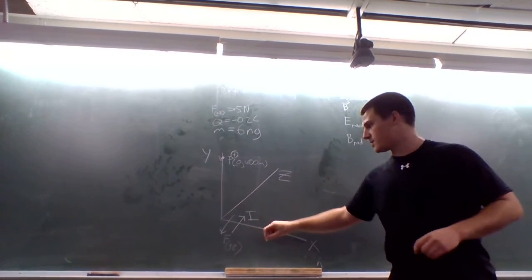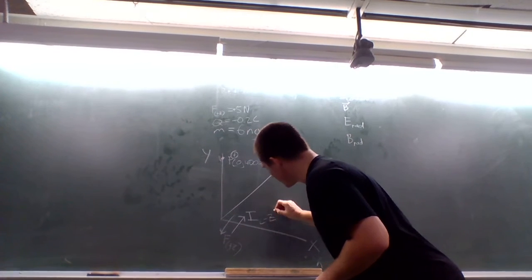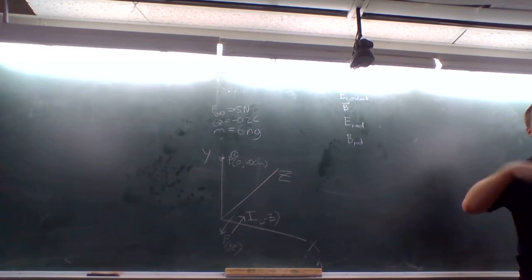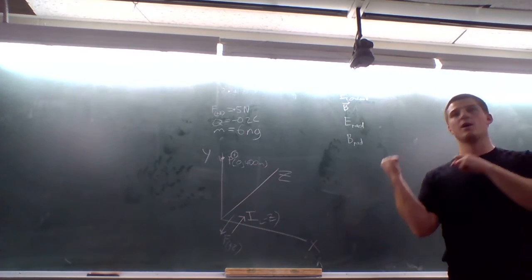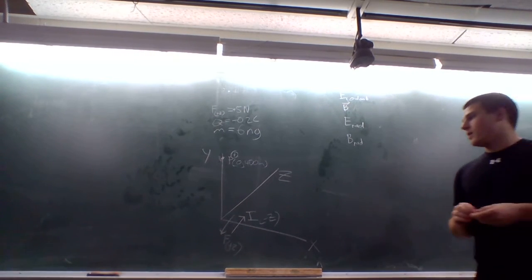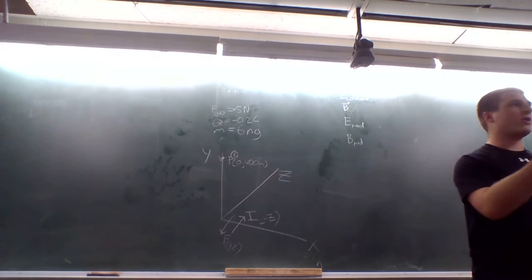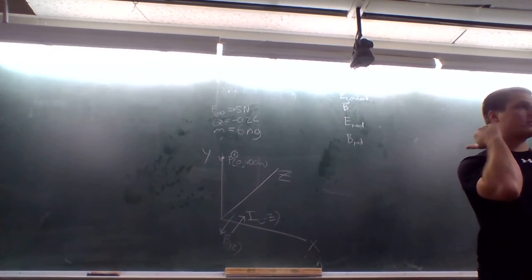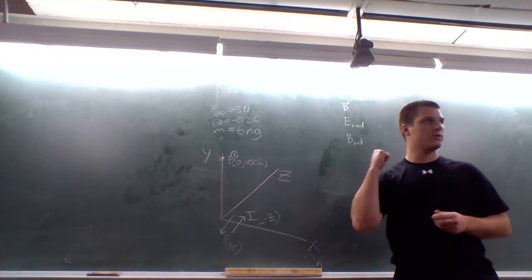So we can say this: we have a current going in the negative z direction, because moving electrons in one direction is basically the same thing as moving positive charges in the opposite direction, which is what current is. So if you accelerate a positive charge, you just have a current in that direction. If you accelerate negative charge, you'll have a current in the opposite direction. So in this case, we have a current in the negative z direction.